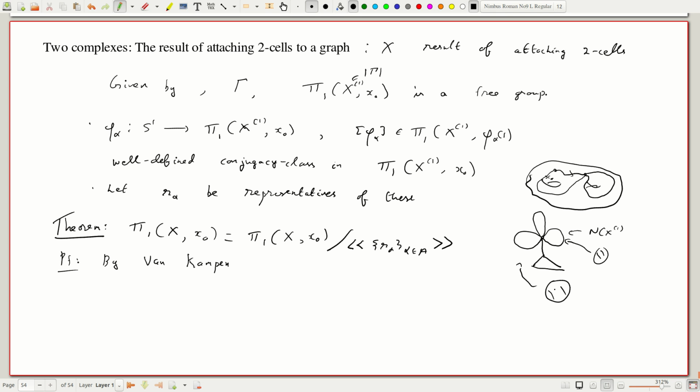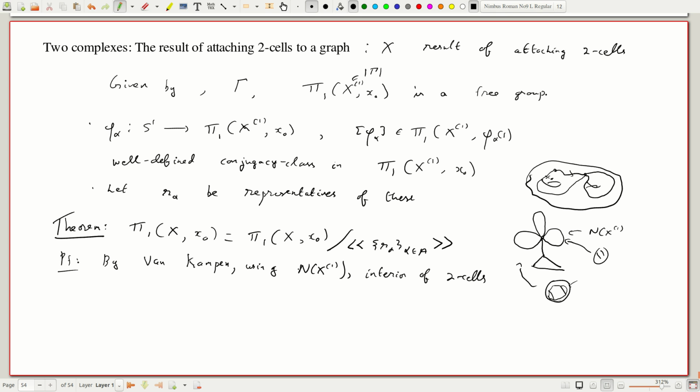Okay, so what happens if I take a neighborhood of the graph? It will involve a little annulus around each two cell, and I'll take the interiors of the two cells. So using a neighborhood of X^1 and the interior of the two cells, plus some little twiddling for base point, what happens in this case?